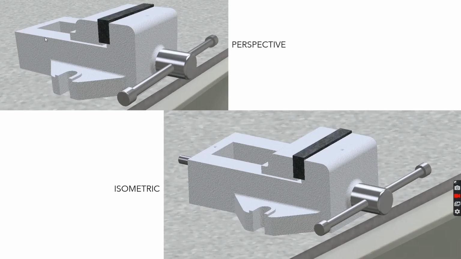This one is drawn in perspective and this one is drawn in the isometric. Looking at either one of these, they both look okay. The perspective kind of makes it look more like how it would look if you were looking at the real object. And obviously, since these were both done in Inventor, Inventor has the capability of allowing us to draw in perspective.